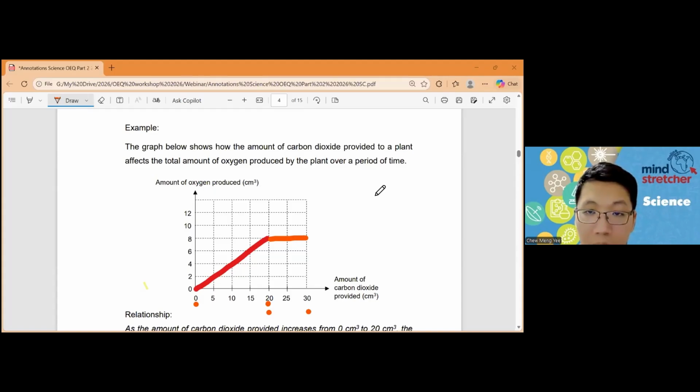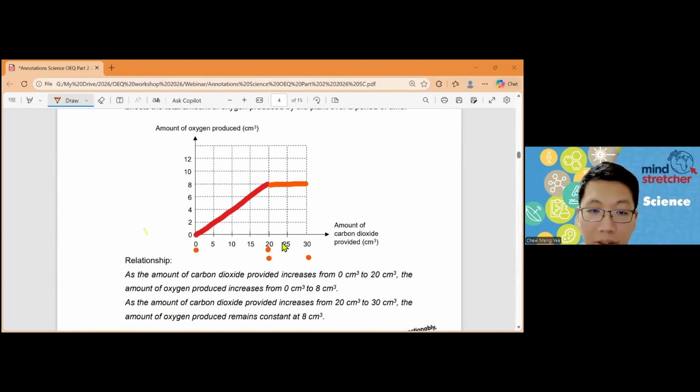Gabriel asks: will you write it in another way, like as something decreases, something else increases, looking at the graph from right to left? Yes, I think Gabriel, if I understand you correctly, you can write it in reverse. For example, for the first part, as the amount of carbon dioxide provided increases from this to this, the amount of oxygen increases from this to this.